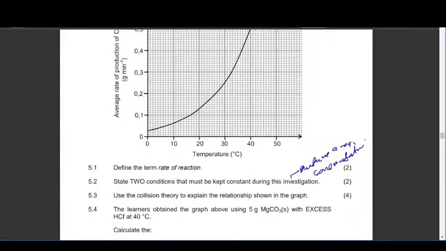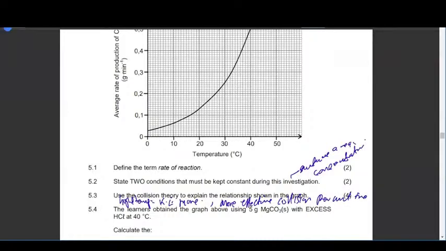the higher the temperature, the higher the kinetic energy. So your explanation must have the words high temperature. You must equate it to high kinetic energy. And then if there is more kinetic energy, meaning that the particles have more kinetic energy, therefore you must talk about more effective collision, but the collision must take place per unit time.